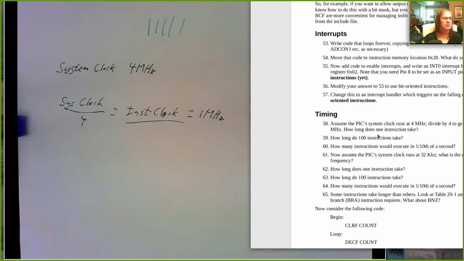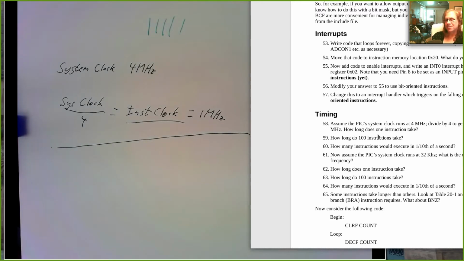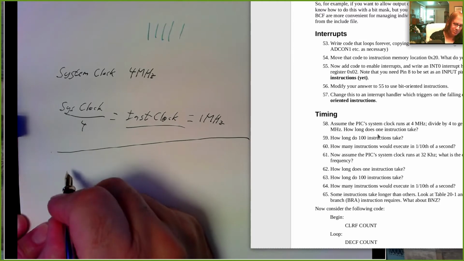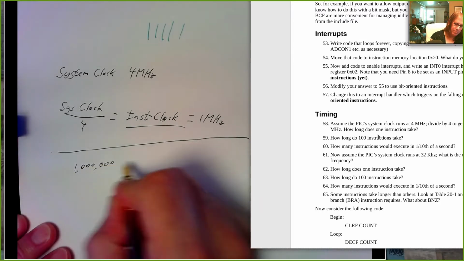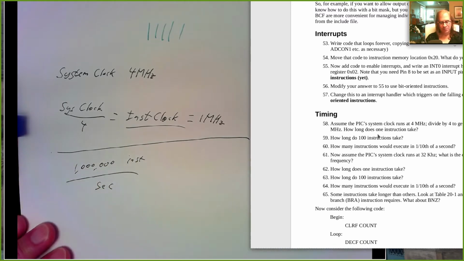And then it asks, how long does one instruction take? So the main thing with all of these timing issues in computer architecture is knowing what goes on top and what goes on bottom when you take a reciprocal. So 1 million instructions per second. You can translate that into how many seconds it takes to do an instruction.